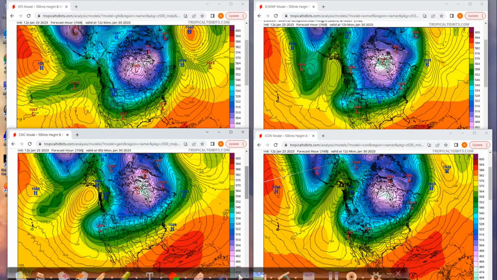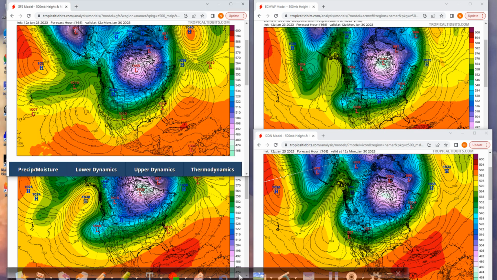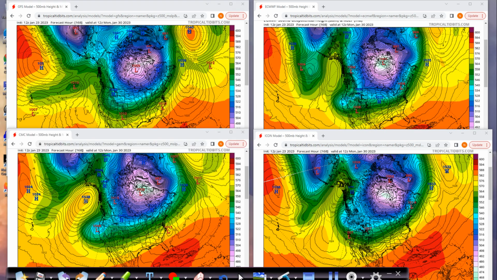Now this is Monday morning, January 30th. Now, if you look at the Canadian model, it still keeps that ridge, moves that cold air with an upper level trough down into Northern California, but it keeps that big ridge off to the west, which could keep cold systems coming down to the south.